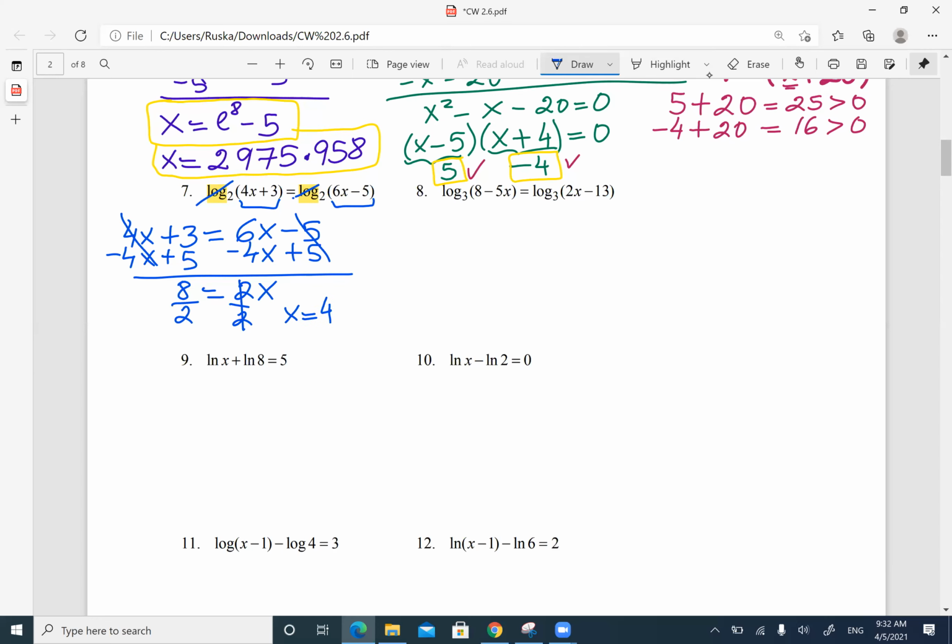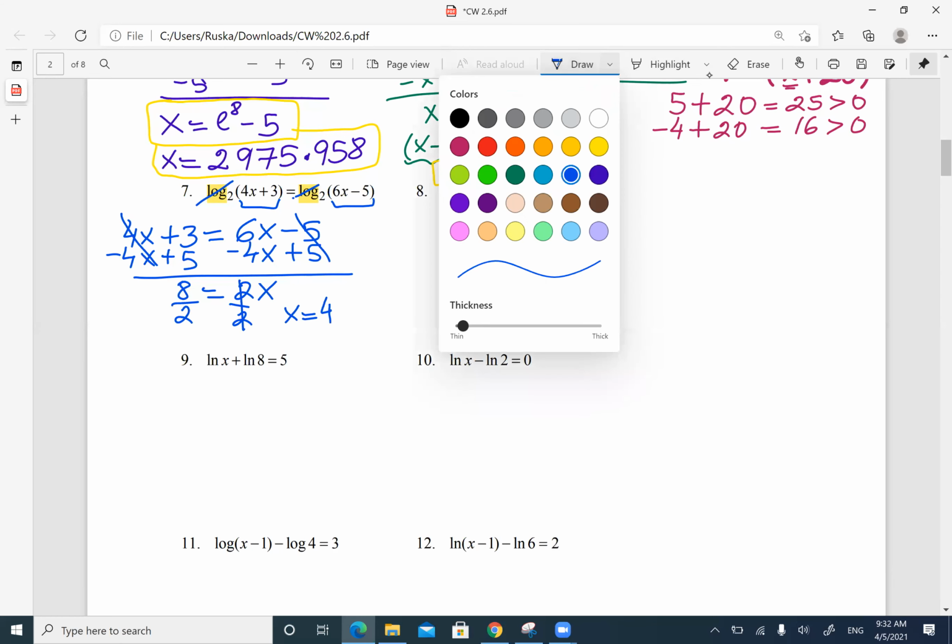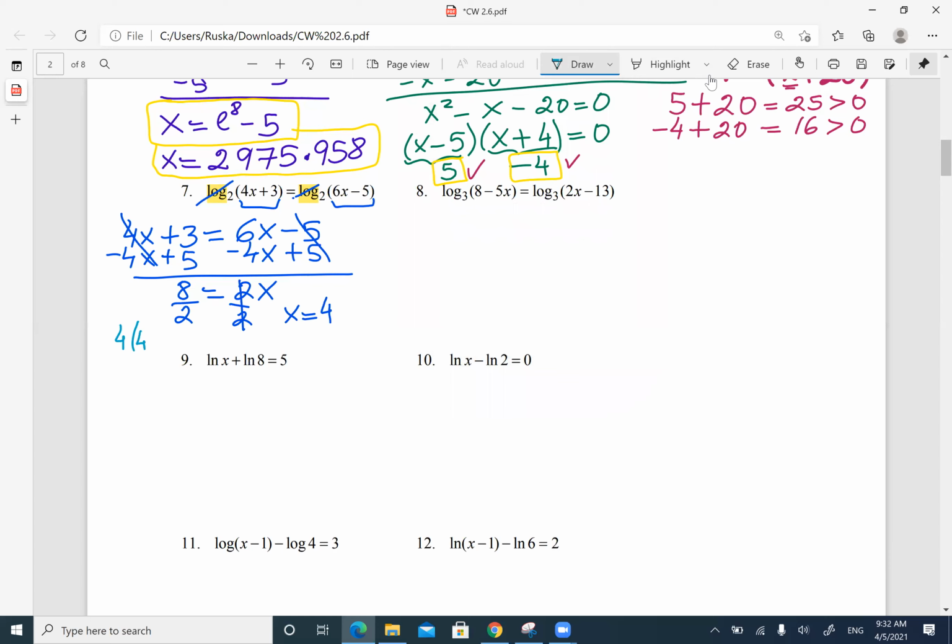Now, you can do a quick check here. When I replace x with 4, I can just do it real quick. I'm going to plug it into both of those. So I have 4 times 4 plus 3. It's positive, obviously, right?